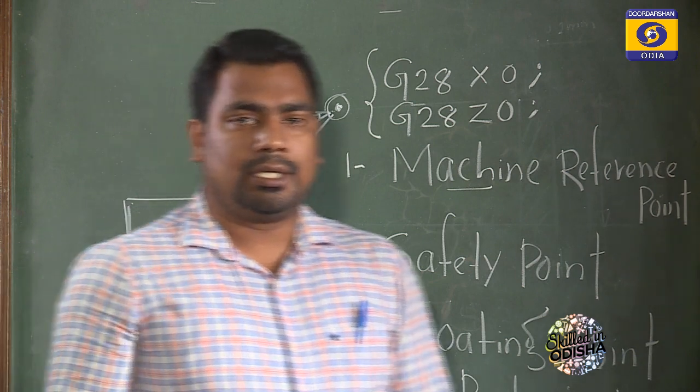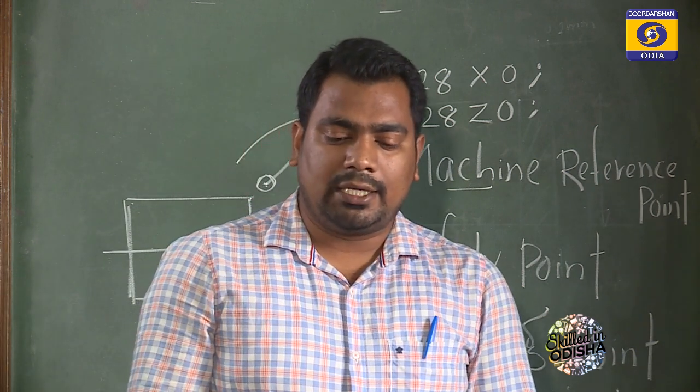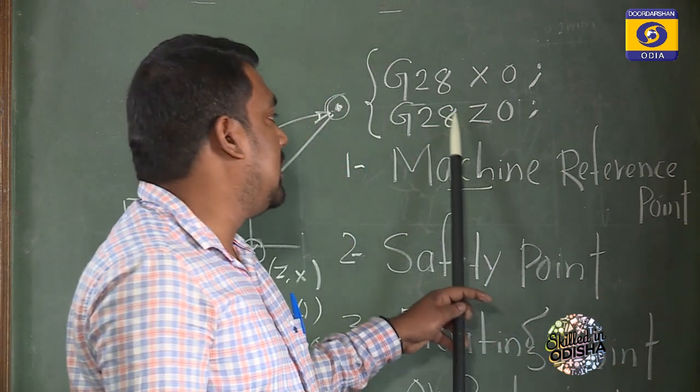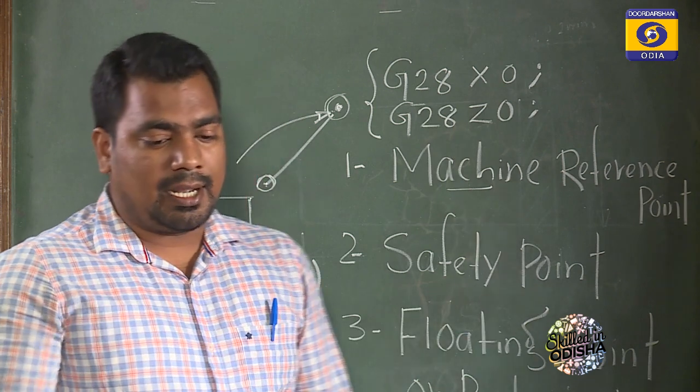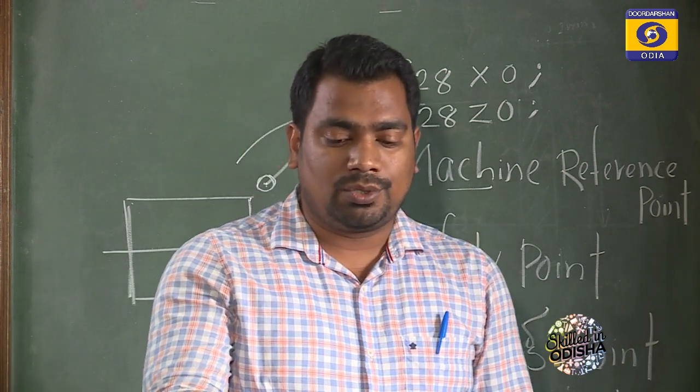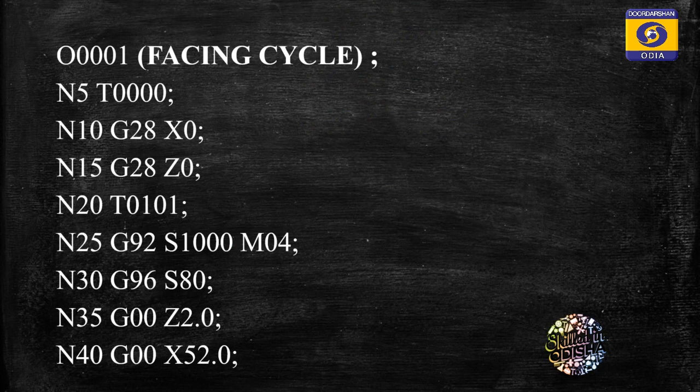Now my machine turret is at the machine reference point, and by writing T0000 I have cancelled tool number, tool station number and tool offset number.